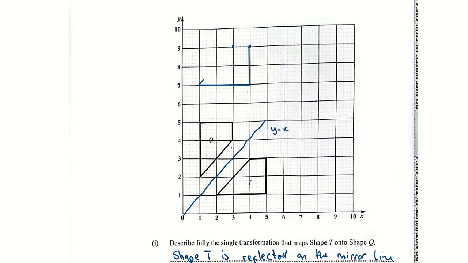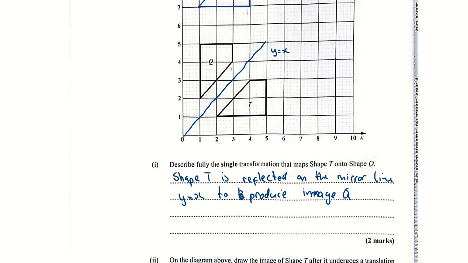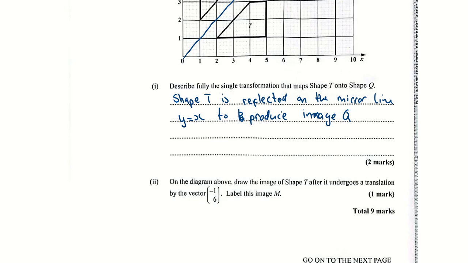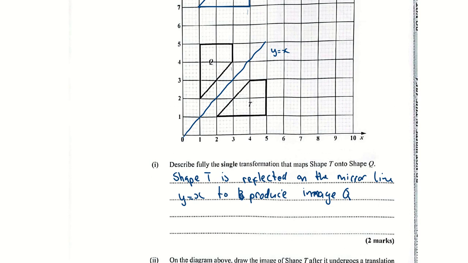The next way you could have done this is, I'll call this image M, you could have taken a coordinate of your object and added it to the translation that we have here, and that would give you the image.